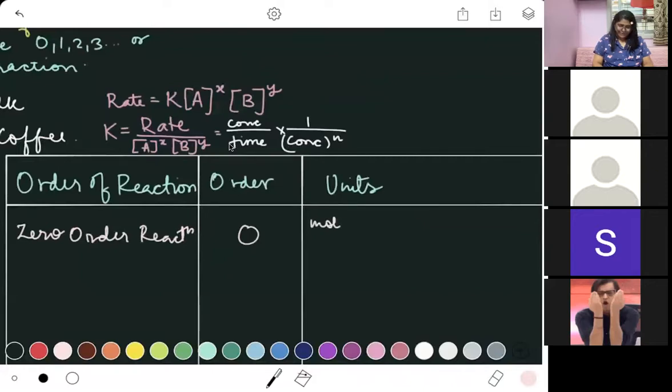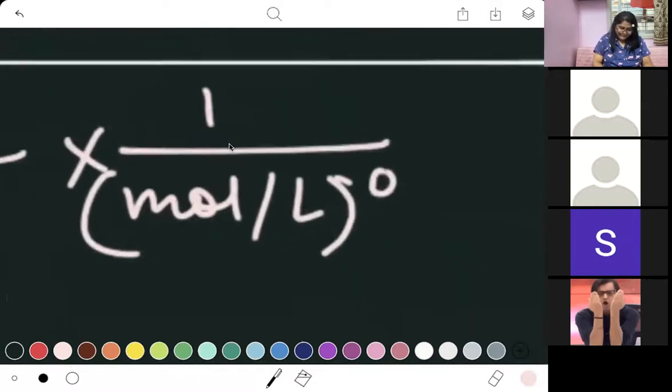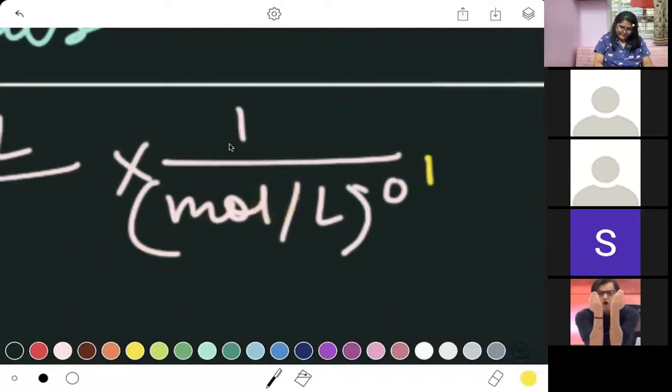How would I write this? Molar concentration divided by the time multiplied by 1 into moles per liter. This is going to be moles per liter. This is also going to be moles per liter, but you are going to write down the order on the superscript over here. So this value is really, really important for you to remember.